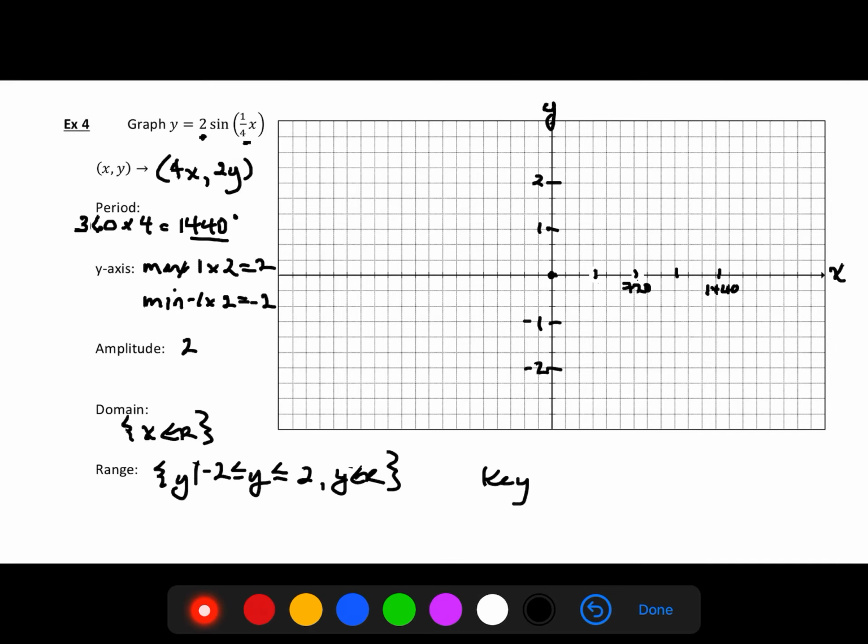And again, thinking about our key points, we can think about how those change as well. They normally happen every 90. Well, now they're going to be multiplied by 4, so they're going to happen every 360 degrees. So we know we're going to have 360, 720, and 1080. And that's going to be the same into the negatives.